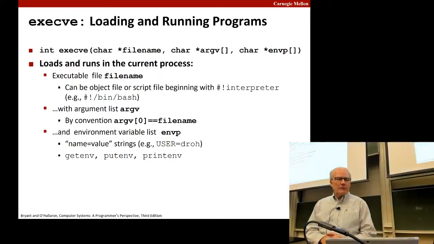So in general, the file name is the name of a program, and that can either be a binary executable file, or it can be some type of script. If you've ever looked at the beginning of a script, say a shell script or Python or Perl or any of those languages that support scripting, you'll see it begins with a pound sign, exclamation mark, and then the path name, the location of the interpreter, like Python, Perl, Bash, or whatever scripting interpreter exists for that.